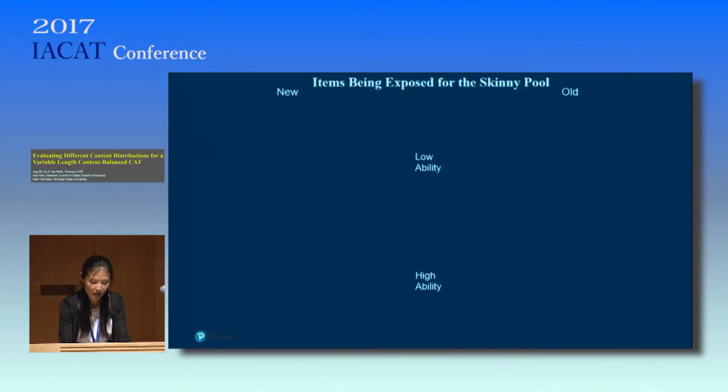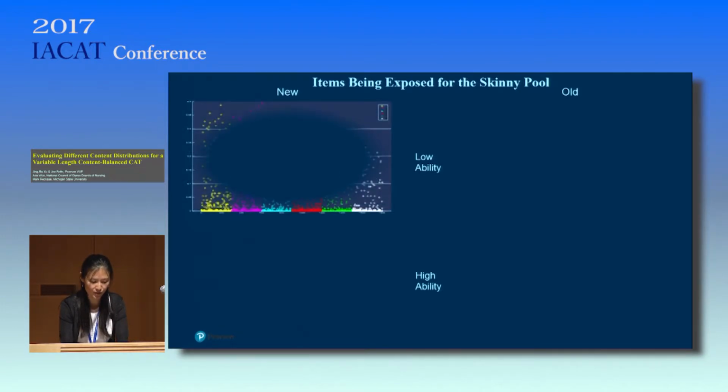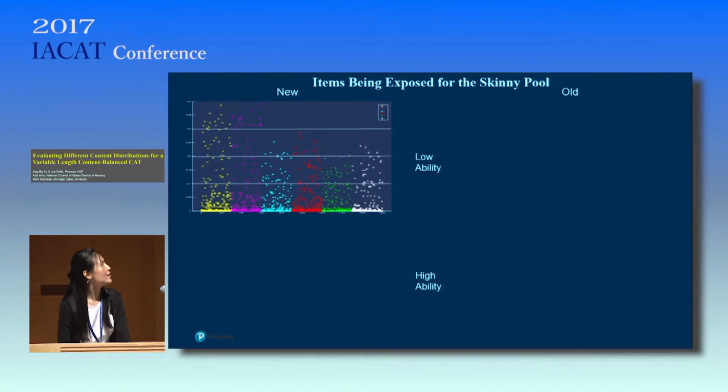So these are the pictures I'm going to show you about the items being exposed for the skinny pool. For the new design, for the lower ability groups, we can find that the number of items being exposed, given different exposure rates, is very different. It's interesting because you can see there are three lines here. The bottom line indicates the exposure rate equal to 0.1.